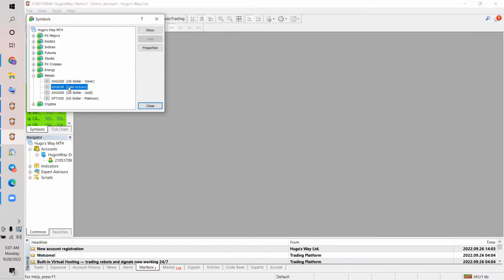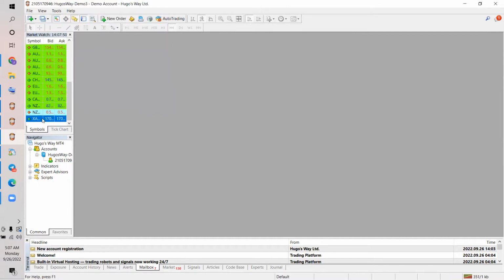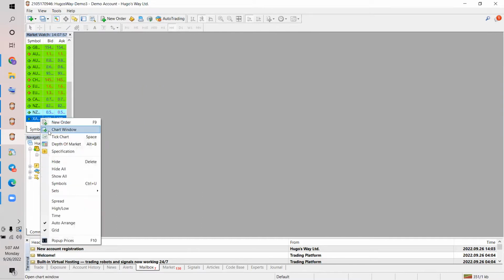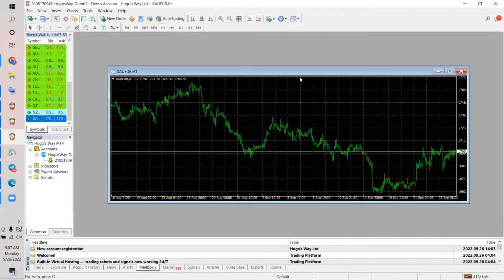So I'm going to do gold versus the euro, XAU EUR, and add that pair. We'll left click on show, come over to our market watch, left click on that symbol to highlight it, right click, and left click on chart window.